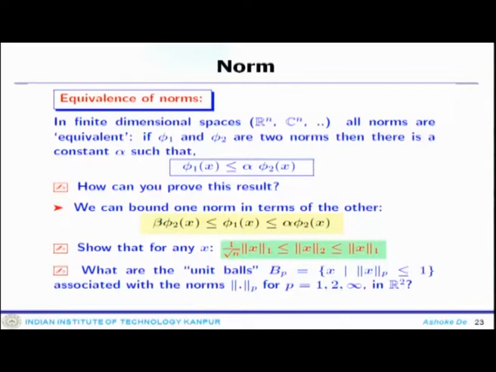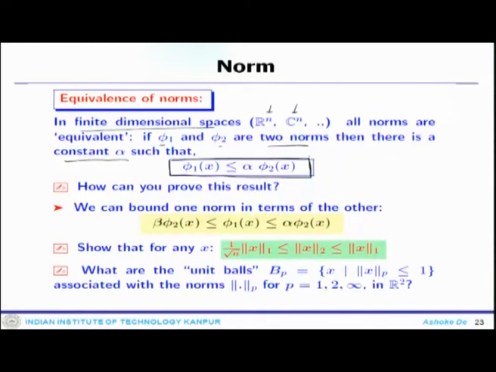Now one can find the equivalence of norms. How would one do that? In a finite dimensional space, let us say you have Rn, Cn, all these are finite dimensional spaces, all norms are equivalent. For example, if phi 1 and phi 2 are two norms, then there is a constant alpha such that phi 1 of x is less than or equal to alpha times phi 2 of x.